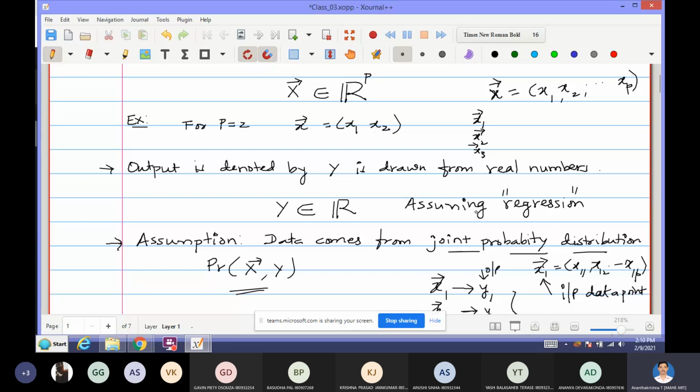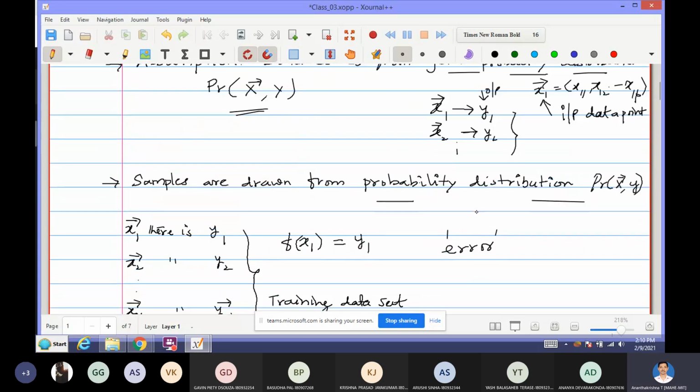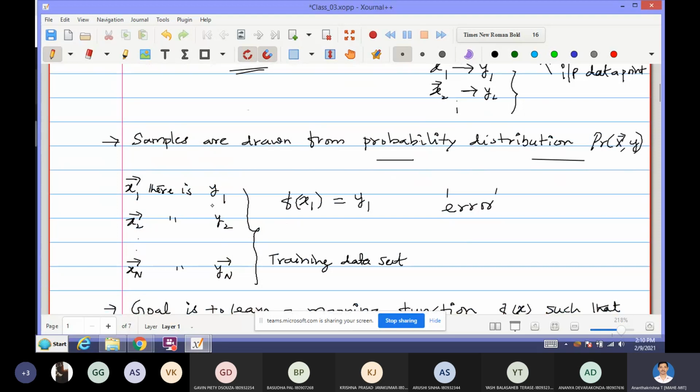So here, as we have seen in the training data, there is an associativity between the input data points and its corresponding output. There is a mapping that is already given to us.